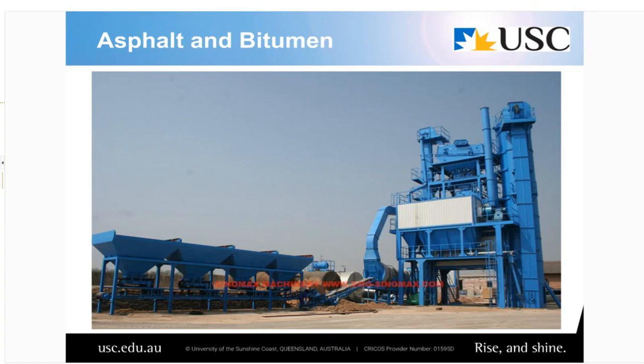That process of setting up an asphalt plant is quite expensive, and therefore if you don't have an asphalt plant nearby and you want some asphalt, you really need to have a significant quantity to make it viable.